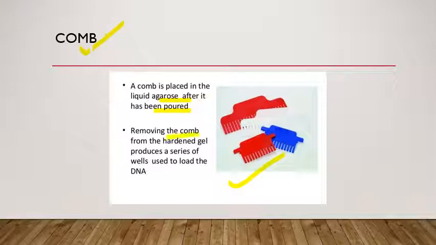Removing the comb from the hardened gel produces a series of wells used to load the DNA sample. So in the tray, for loading the sample, this comb is used, and it is removed when the gel becomes hardened, producing a series of wells.